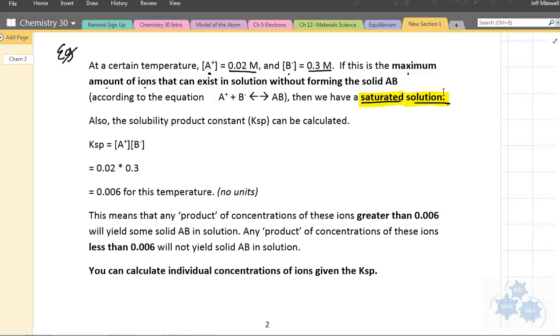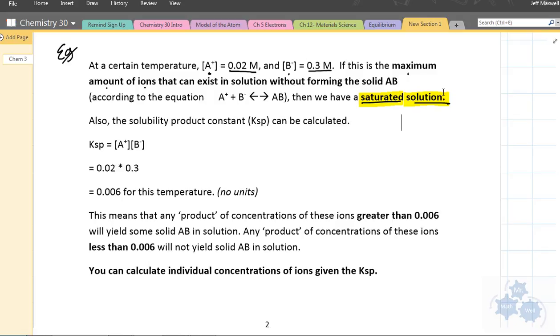If something is completely saturated, that means there's as much out there as could possibly exist. So if the market is completely saturated with iPhones, let's say, then we really couldn't put any more iPhones out to market because no one would buy them. It's like no one wants to buy any more because everybody's got one. That would be completely saturated, right?